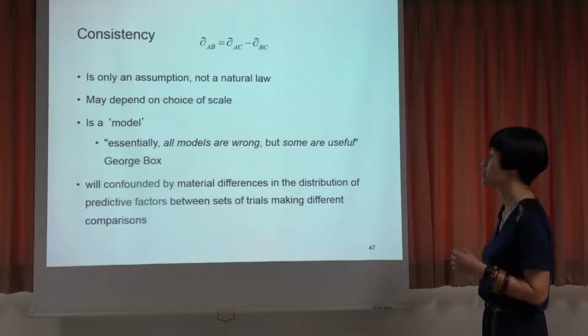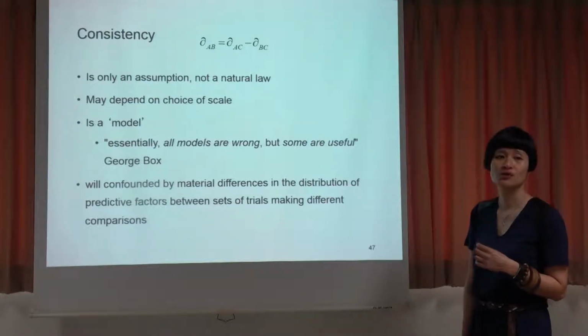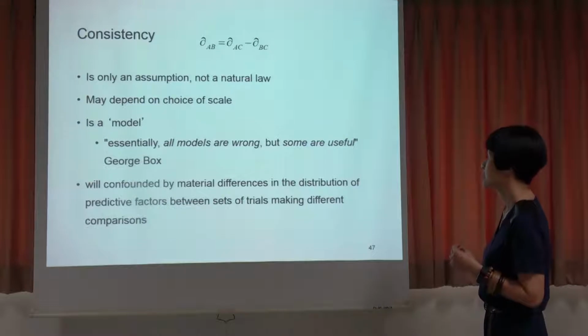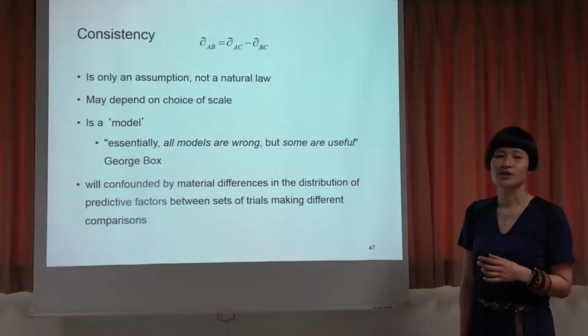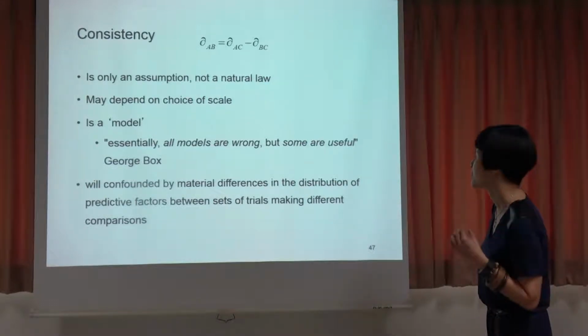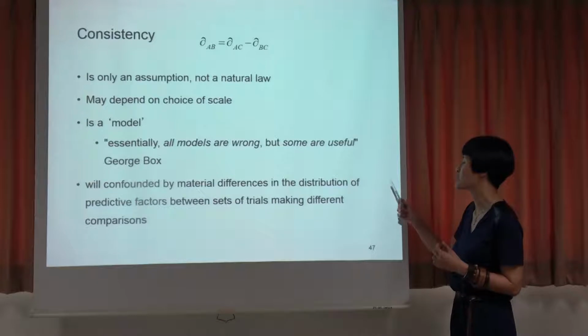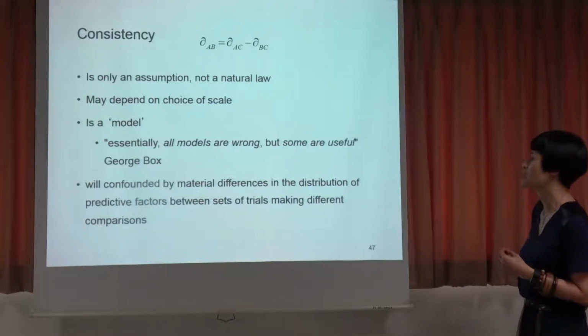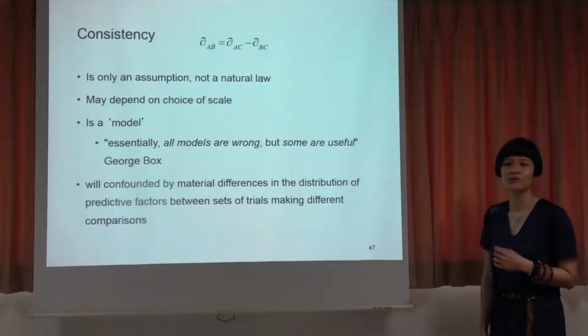And as I've shown you, it can be dependent on the choice of scale, whether you use relative risk, odds ratio or risk difference. And you always have to remember that the analysis that you're doing is based on a model, it's an estimate, and as George Box, famous statistician, says, essentially all models are wrong, but some are useful. I think it's a very important quote to remember.